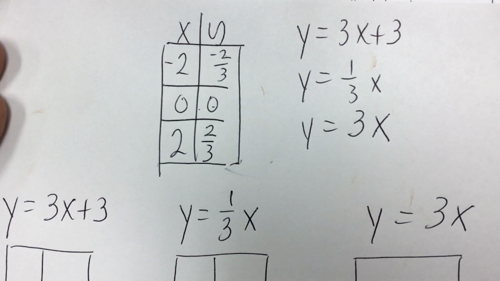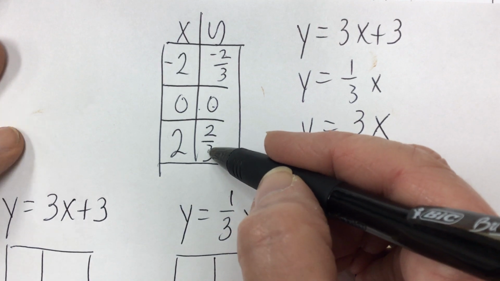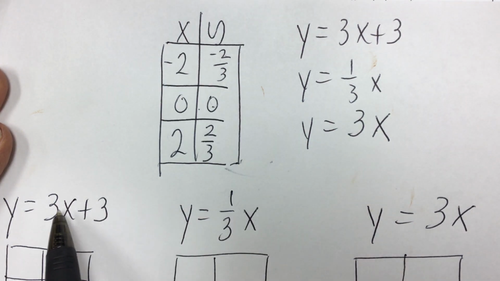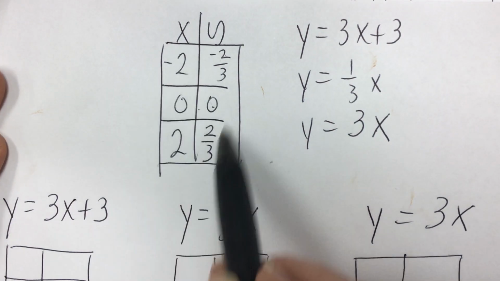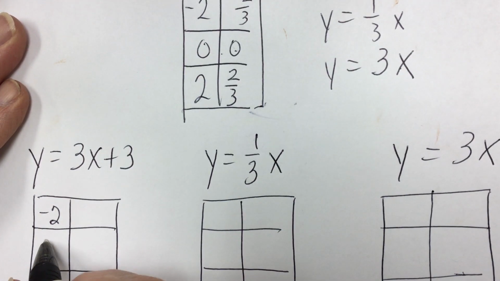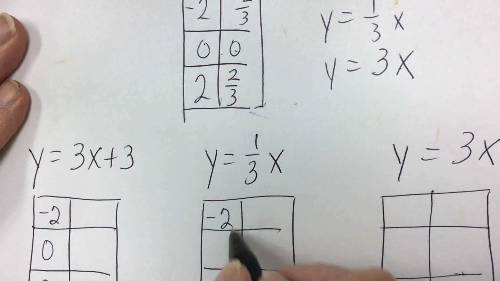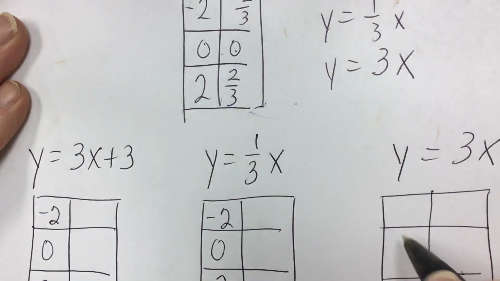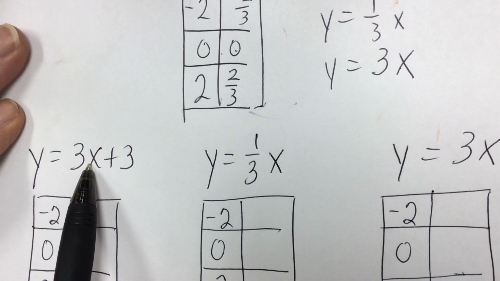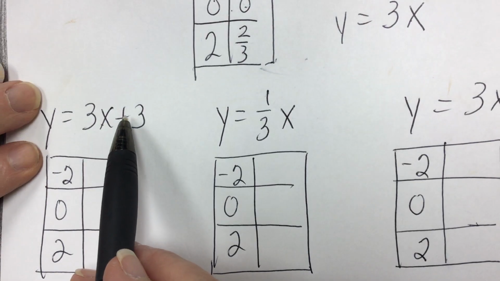Now, all of these points here must appear on one of these 3 in order for me to determine which equation goes with my table of values. All right, so let's plug in negative 2, 0, and 2. Being these are the points that I have been given, I'm going to pick those numbers and plug them in one at a time into my given equations.